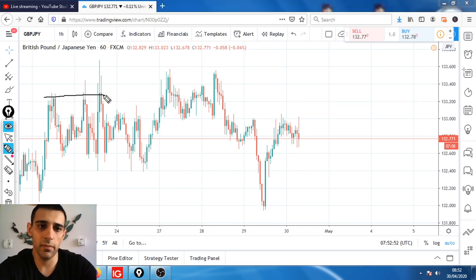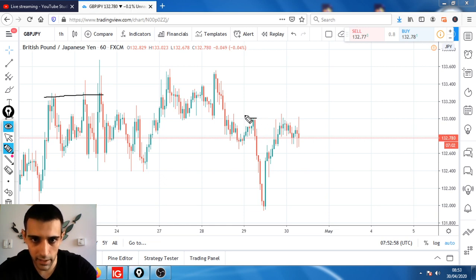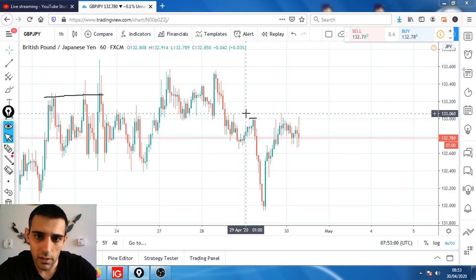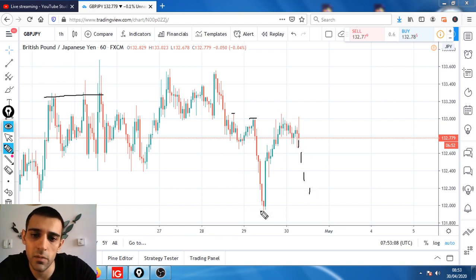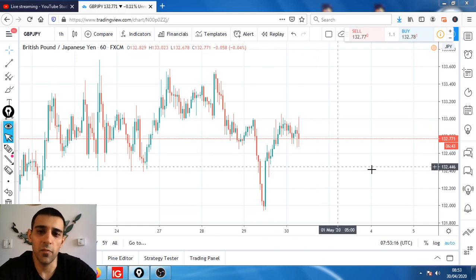It can easily come up here, because it has taken out this high here. But it has not taken out this spike high here, so maybe the price is going to continue down to yesterday's low down here, or it can continue up. This is really a 50-50.